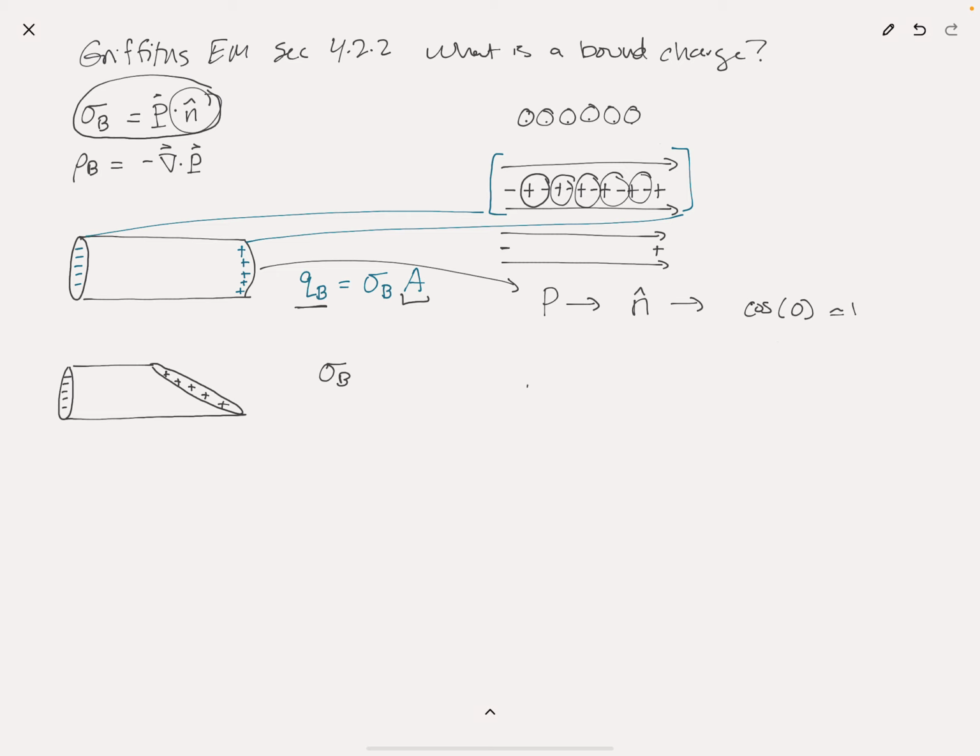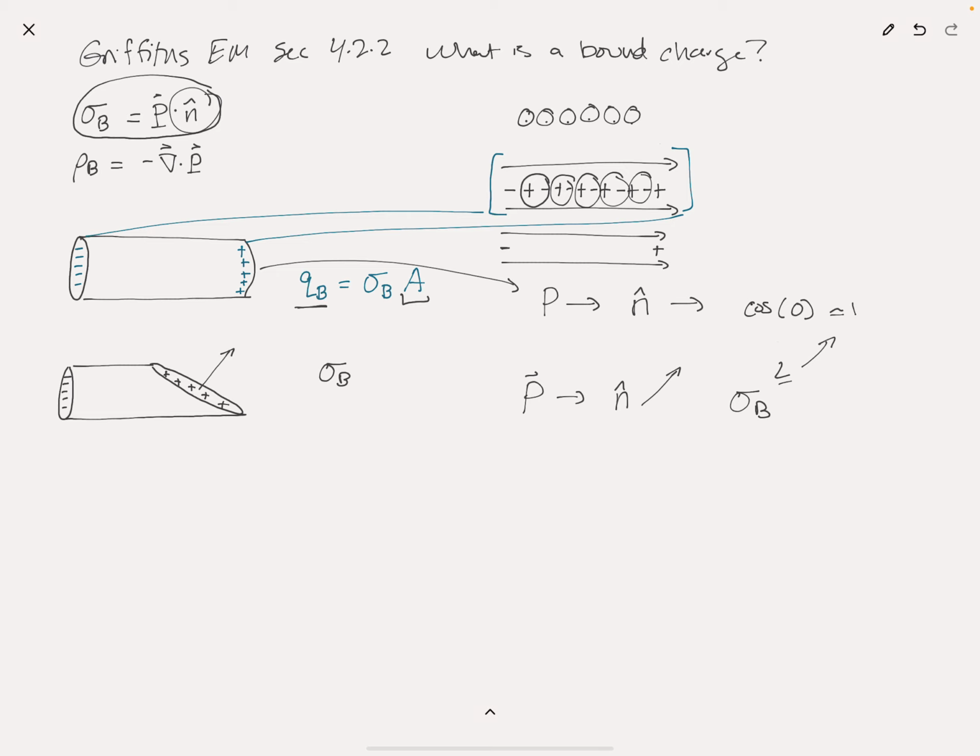In this second case, my polarization is still to the right, but now my normal vector is not to the right. Normal vector is pointed something like up like that. Okay, so now whatever my bound charge density is here is less than or equal to whatever the bound charge density was there.